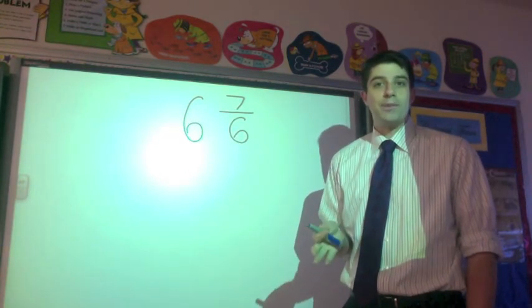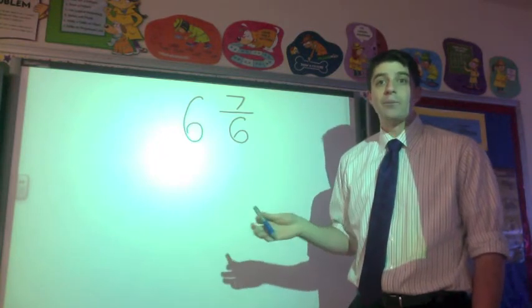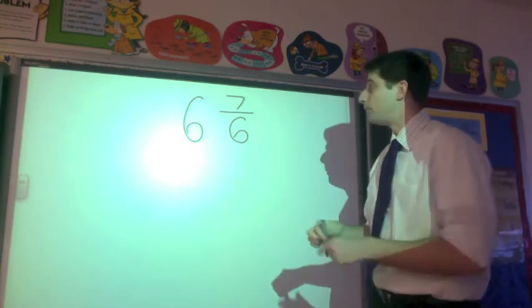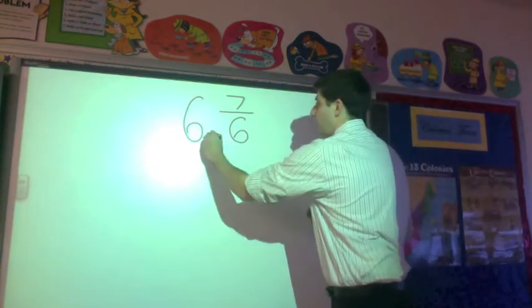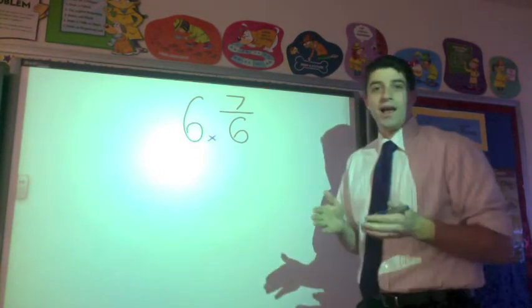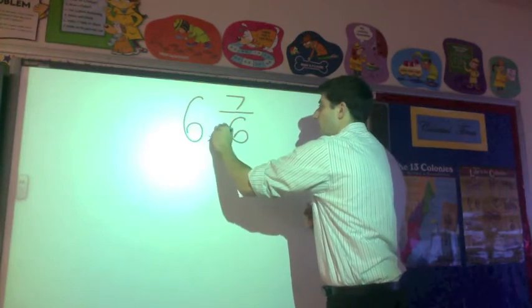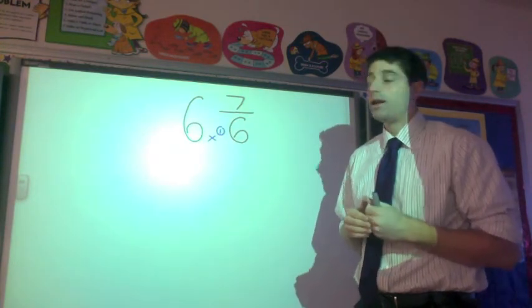We have to turn our mixed number into an improper fraction. I'm going to take my denominator and multiply it by my whole number. So I don't get confused, I'm going to write a multiplication sign and put a number 1 there, just so I know I have to do that first.